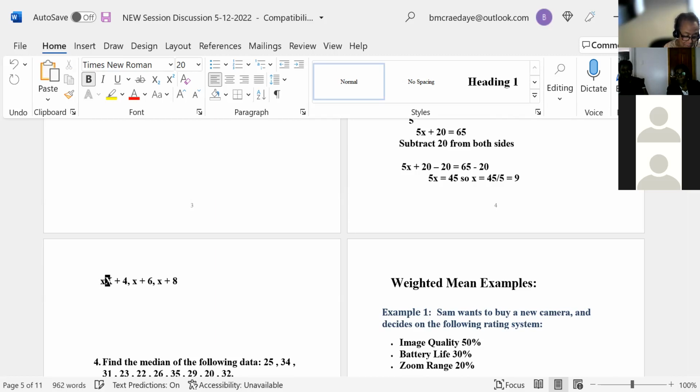So we take these last three observations and we want to find the mean, right? So that would be x plus 4 plus x plus 6 plus x plus 8.